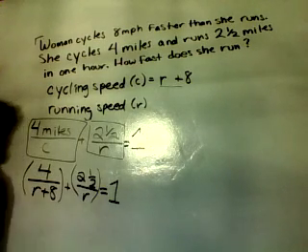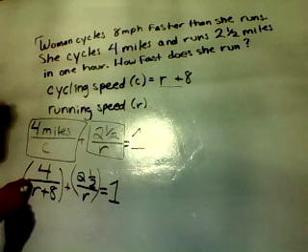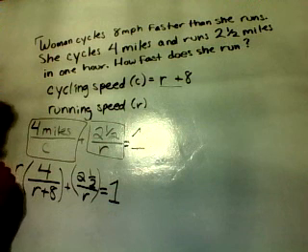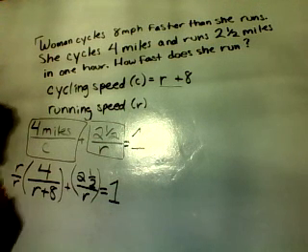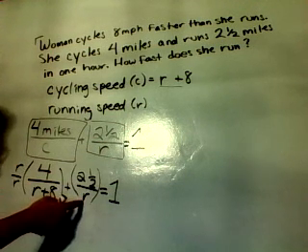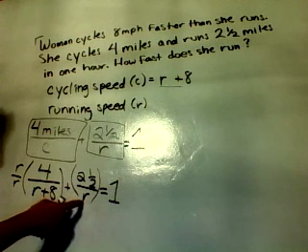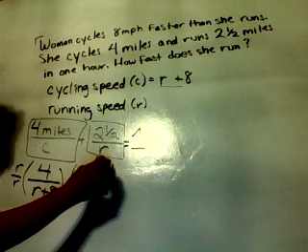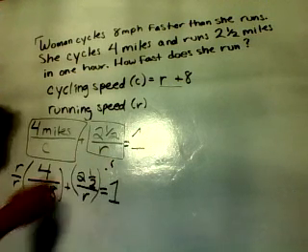In order to get a common denominator here, we'd have to multiply both the top and the bottom by r, because it's the opposite denominator. Now, in order to get the common denominator on this side, we would have to multiply both the top and the bottom by the opposite denominator, which is r plus 8.